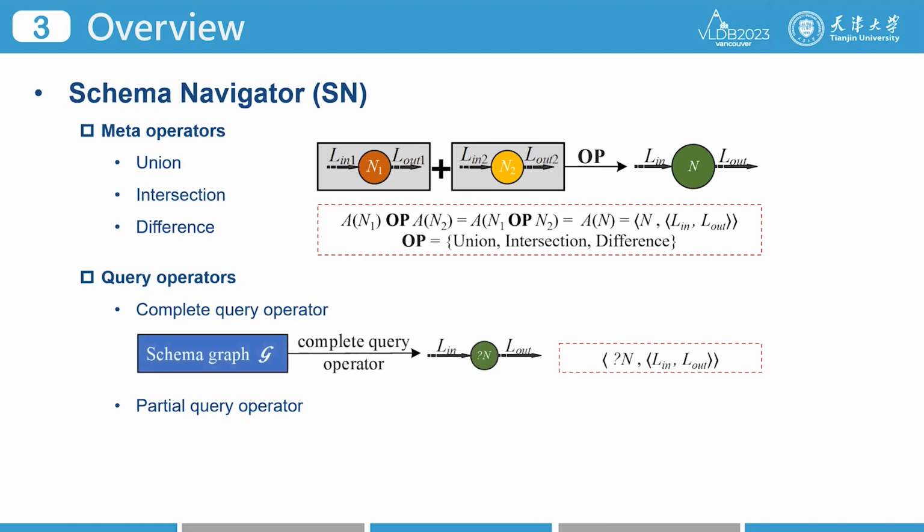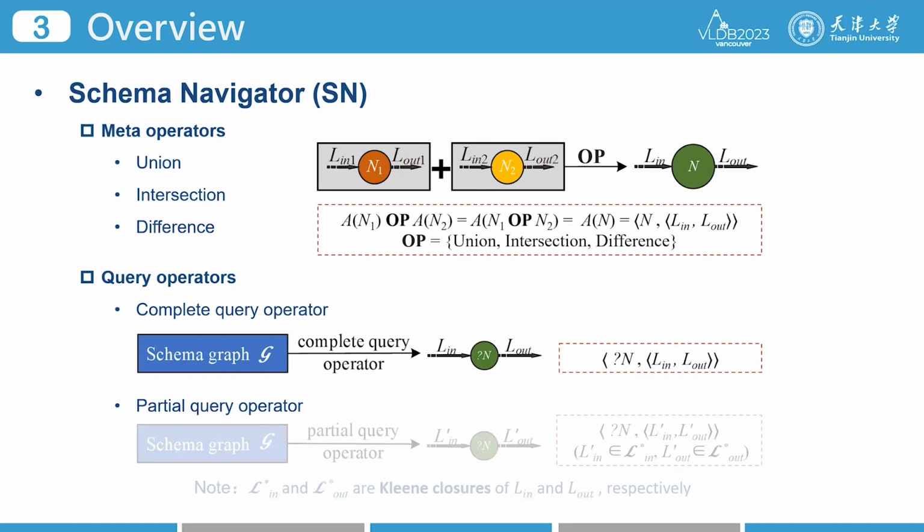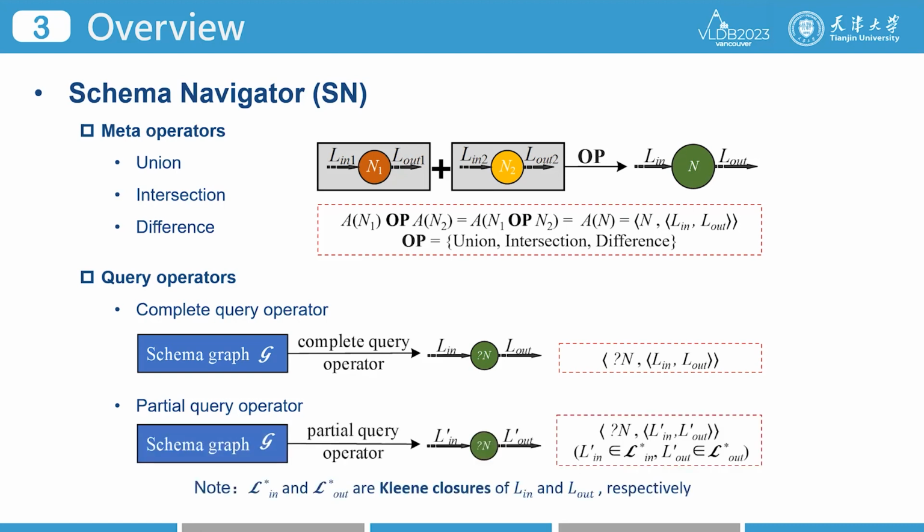The difference between these two operators is that the complete query operator requires the target atomic graph to strictly satisfy this feature, whereas the partial query operator only needs to satisfy part of the feature. Strictly speaking, the feature of the target nodes must be one of the subsets of the closure of L_in and L_out respectively.